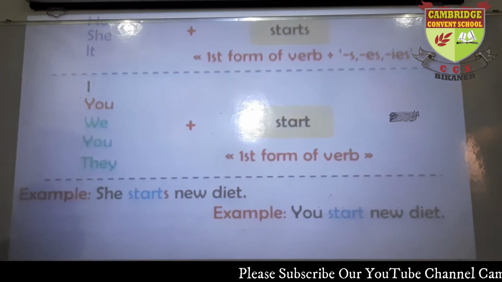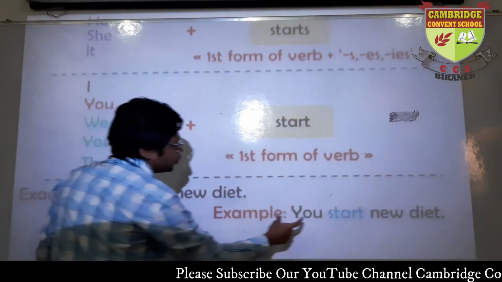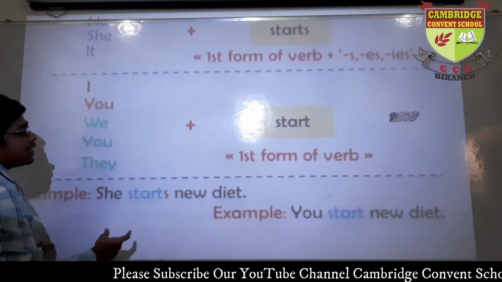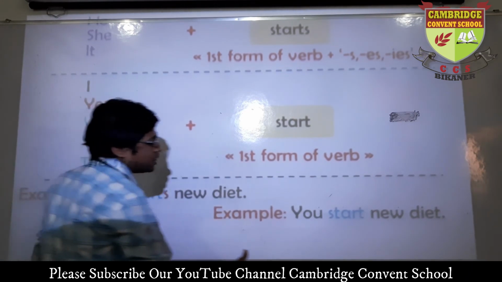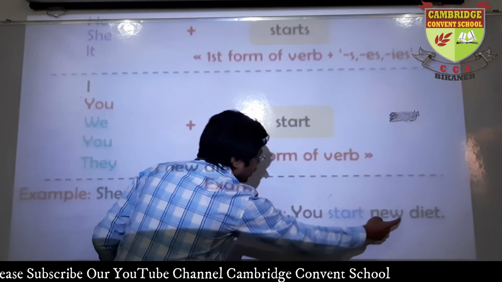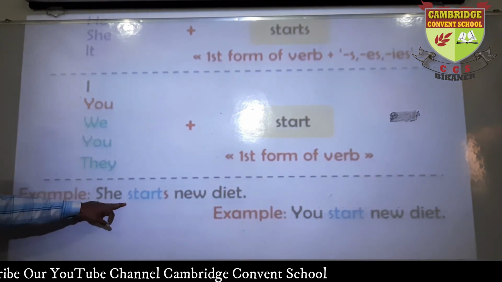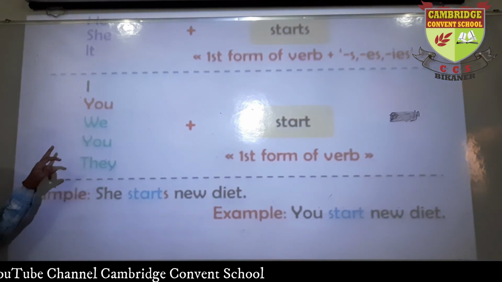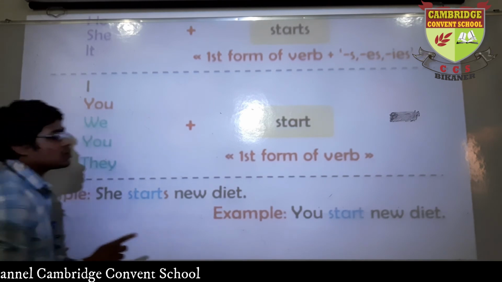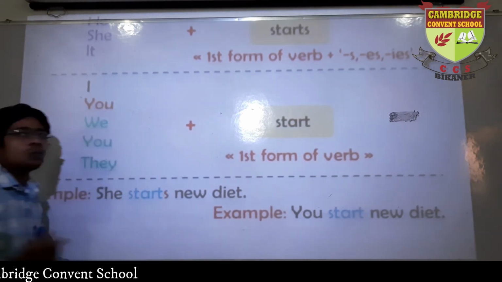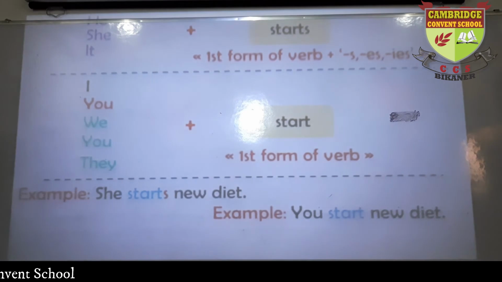For the plural subject, the example is: you start new diet. Here the main verb is start. So s will be used with a singular subject and the main verb without s will be used with a plural subject.